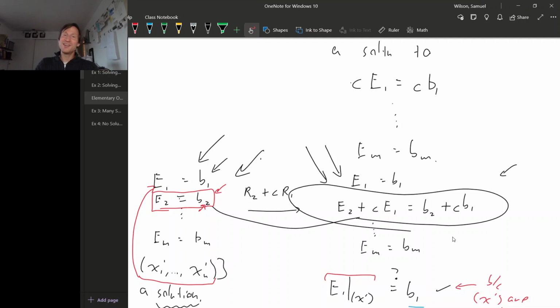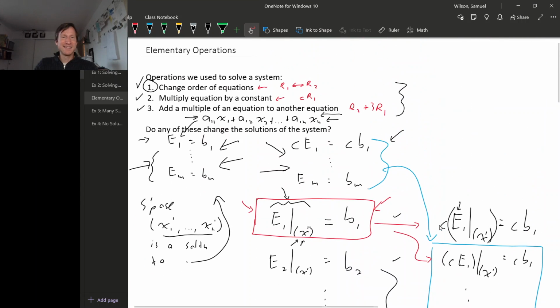All right, so finally we know that this third row operation, adding a multiple of an equation to another equation, does not change the collection of solutions. So all three of these operations are safe operations to use to solve a system of linear equations.